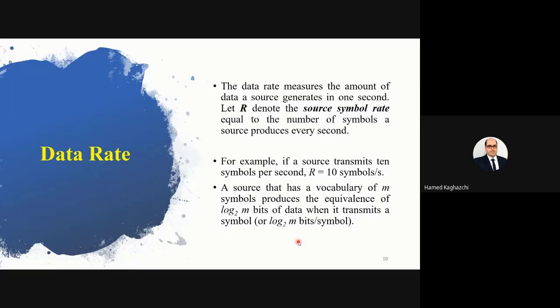We can say that data rate measures the amount of data a source generates in 1 second. Now, suppose the source symbol rate, R, is equal to the number of symbols that the source produces every second.